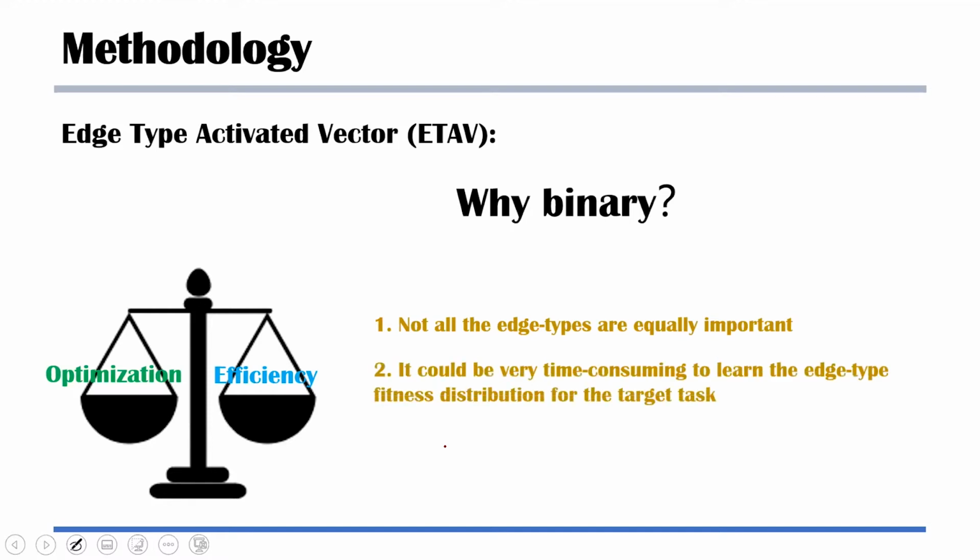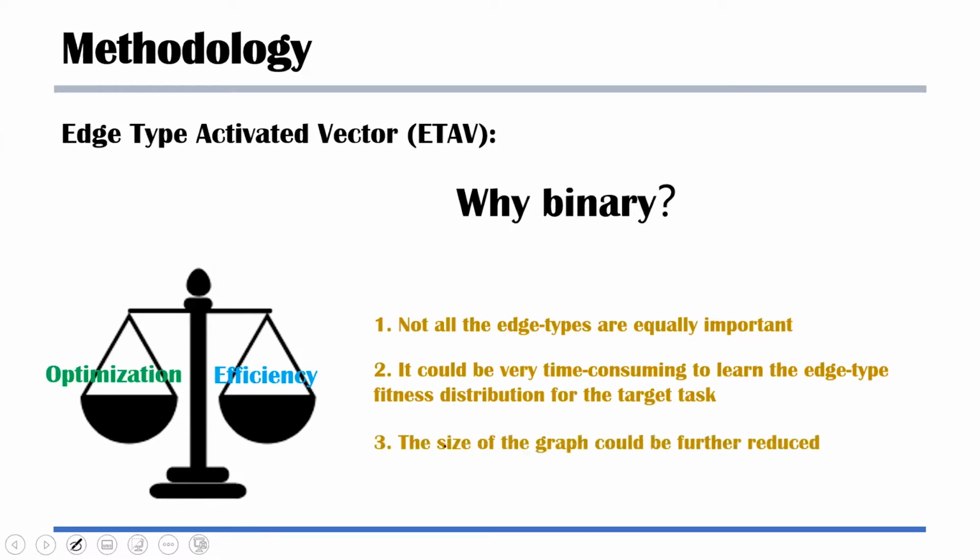Number two, it could be very time consuming to learn the edge type fitness distribution given the target task. We have a couple of earlier papers about how to learn this edge type usefulness as a probability distribution. But the problem is the cost, for instance when we use gradient descent, can be fairly large, which can be impossible for a very large scale graph, especially when the number of edge types is really large.